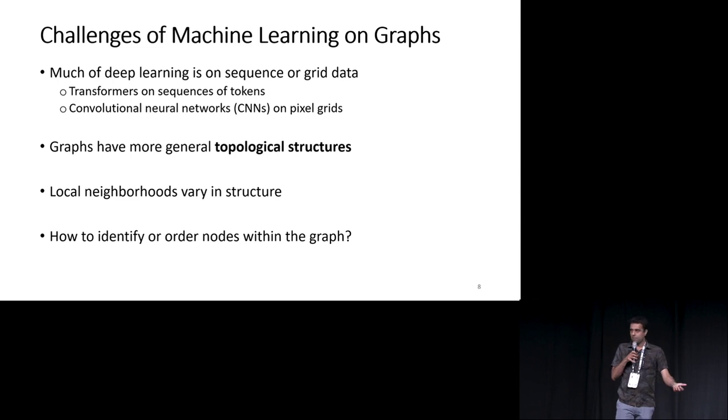Similarly, transformers operate on sequences of tokens. On the other hand, graphs have much more general topological structures, and local neighborhoods can vary a lot in different graphs. There are sparse parts of the graph, there are dense parts. So how do you even think about learning on graph data?